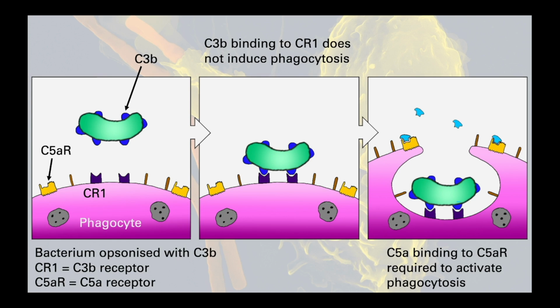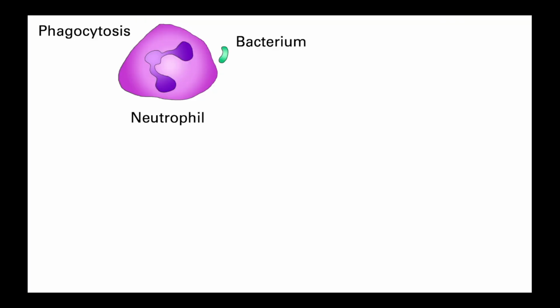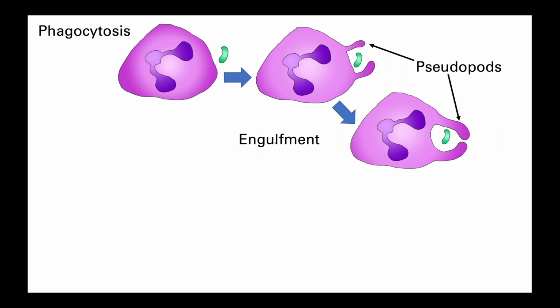Interestingly, C3b on its own is not sufficient to initiate phagocytosis. Binding of C5a to its receptor, also on the surface of neutrophils and macrophages, is required. When antibodies or complement proteins bind to their receptor, a signaling cascade is initiated that results in the cell membrane forming feet-like projections that we call pseudopodia.